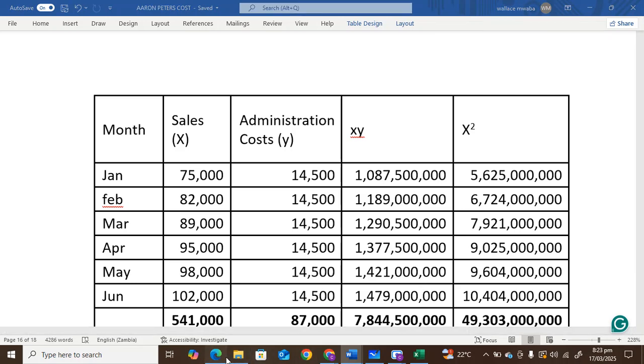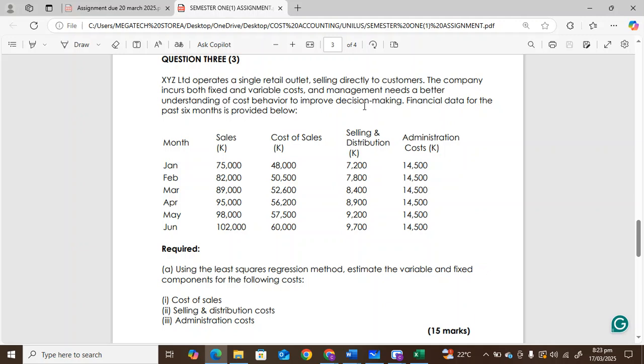You'll be given the data like this here. So it's you who must make the table.